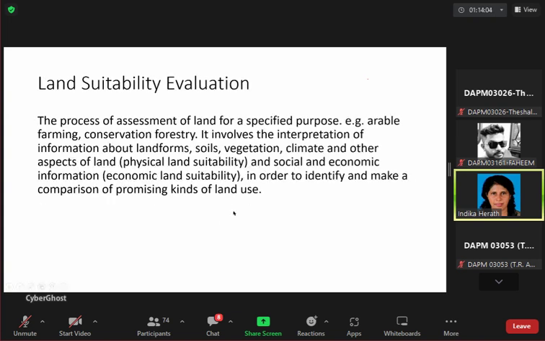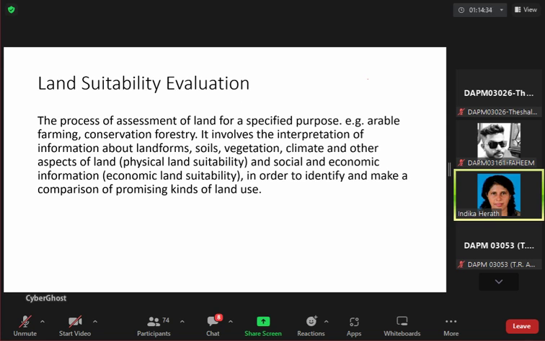Land suitability evaluation is the process of assessing whether the land is suitable for a specific purpose, for example arable farming, conservation, forestry, likewise, right?